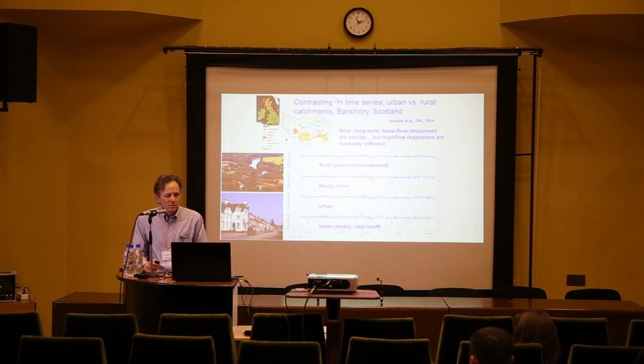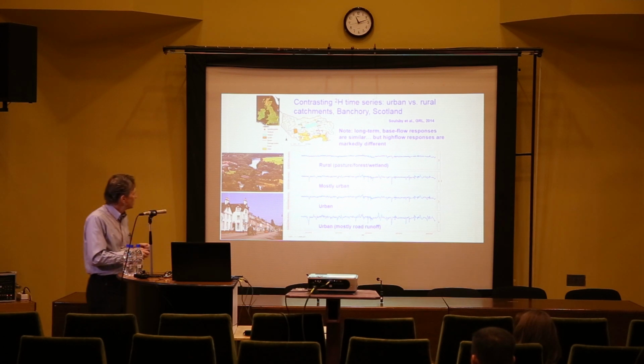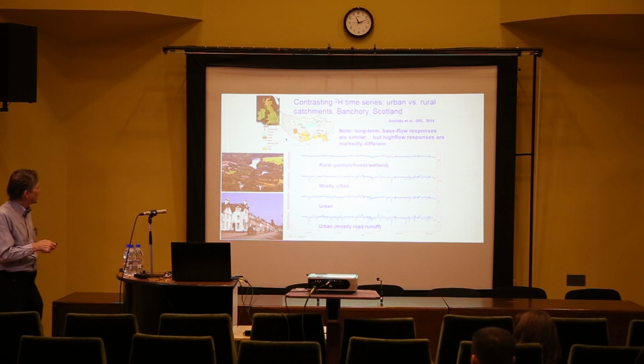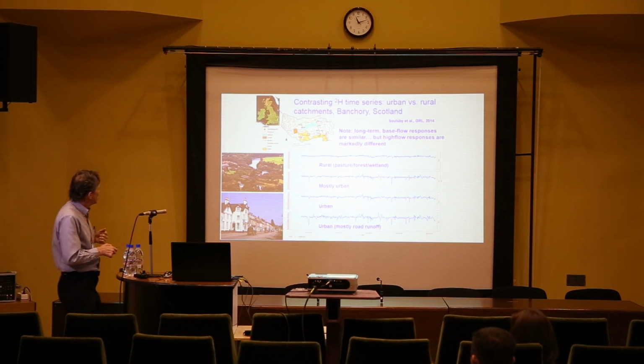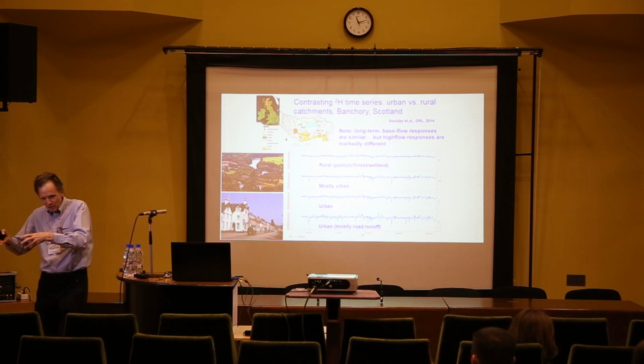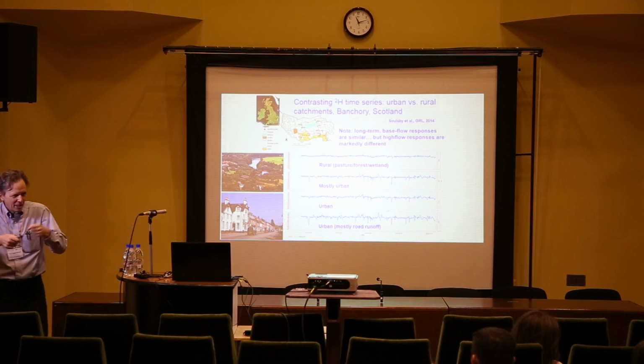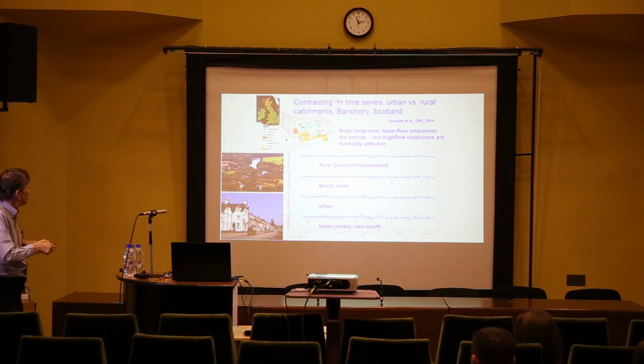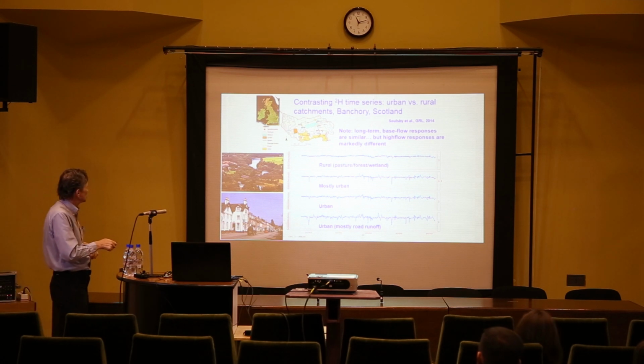So, as an illustration of what you can do with this technique, here's a data set collected by a friend of mine, Chris Soulsby, who lives in a little village in Scotland. And once a week, he would get on his bicycle and put his little baby daughter in the back of the bicycle and ride around his town, and he would sample a set of streams near where he lives.